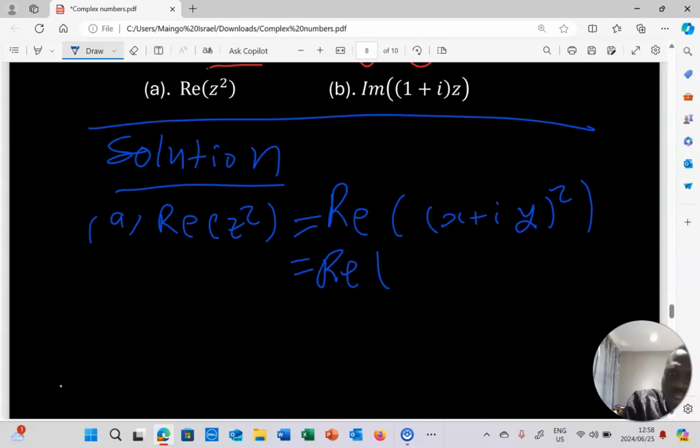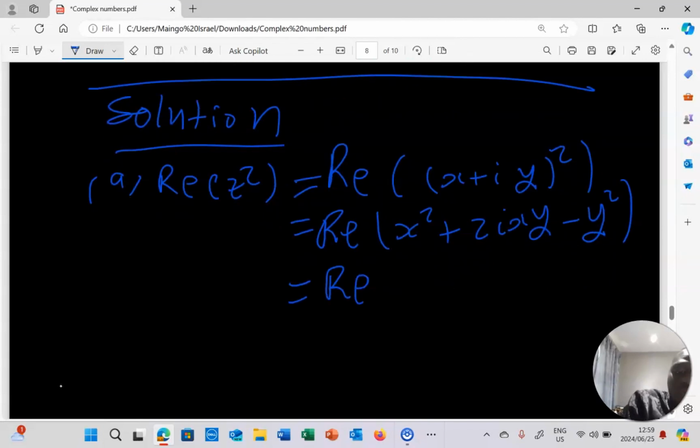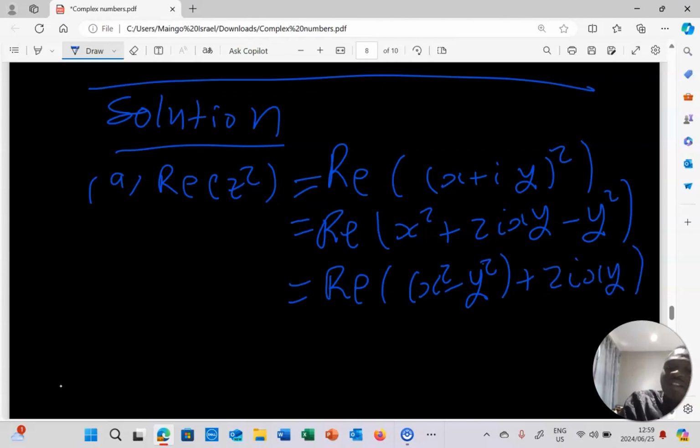So this one will be x squared, then plus 2ixy, then i squared is negative y squared. So that's how we do it. So this is just equal to the real part, which is x squared minus y squared, then plus 2ixy.